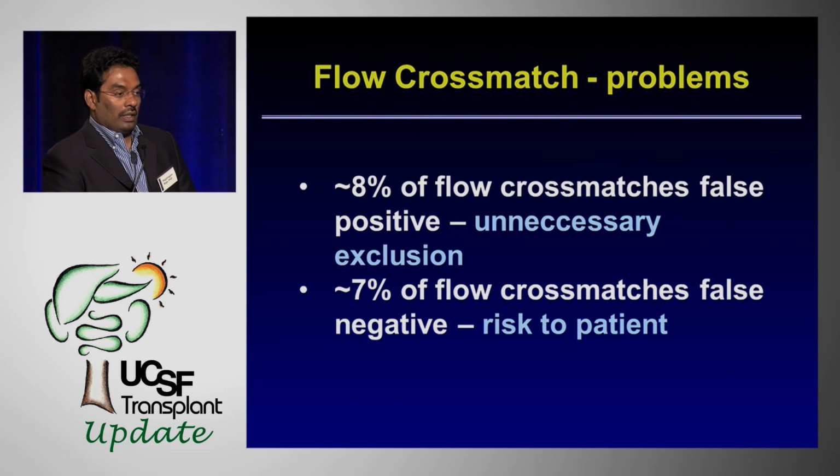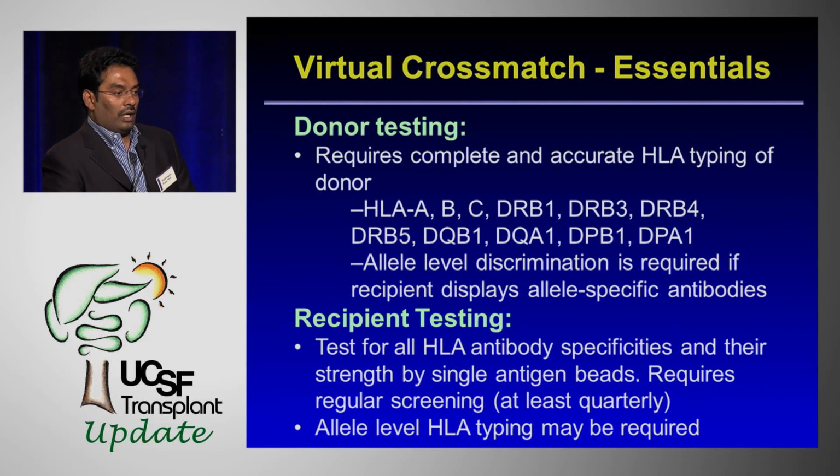So that's where the virtual cross-match comes into play. There are two things that need to be done for the virtual cross-match. You need to know what antigens are expressed on the donor side. You define everything clearly, all 12 different HLA genes, and sometimes you may need to define them at the allelic level.